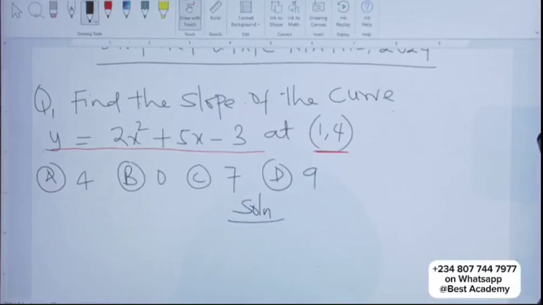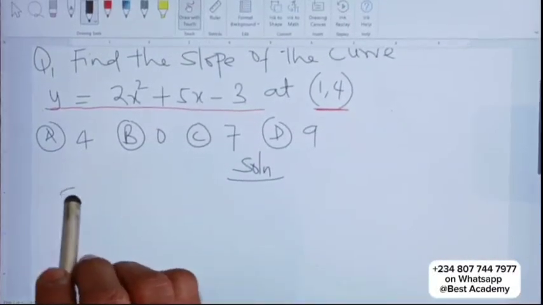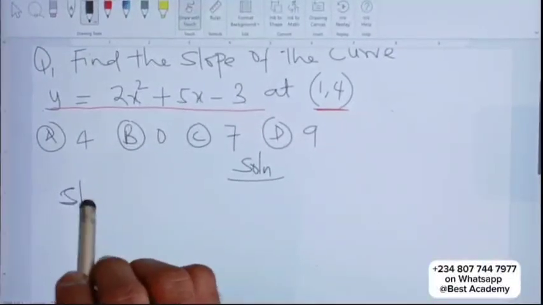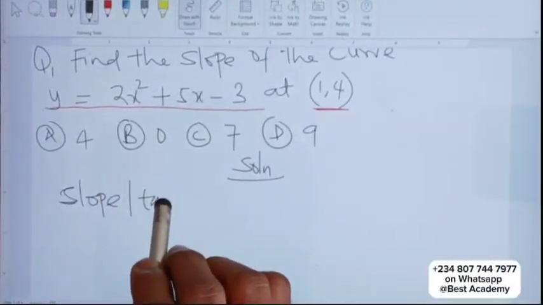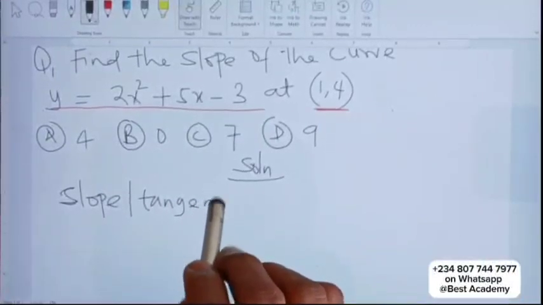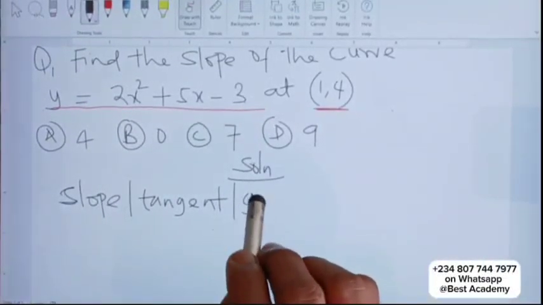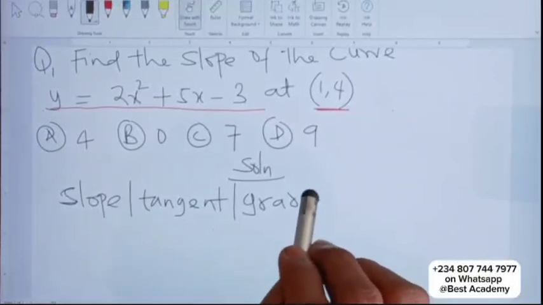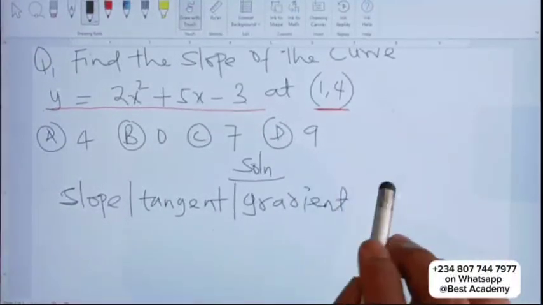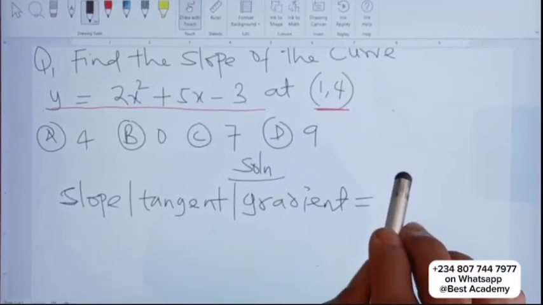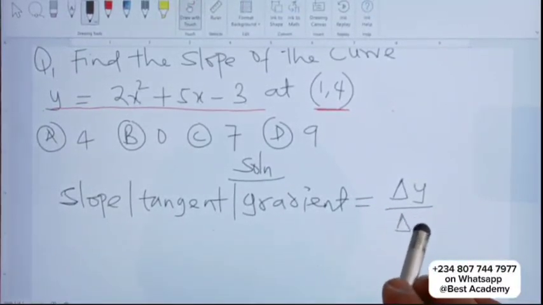Now let's understand what is slope first. When we are talking about slope, it's also the same thing as tangent. It's also the same thing as gradient. It can be defined as the ratio of change in y over change in s.